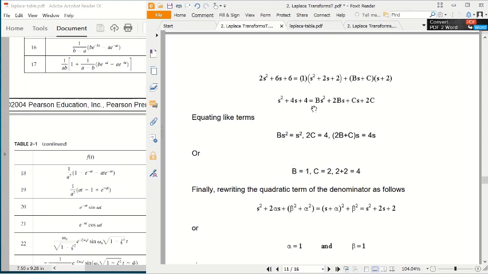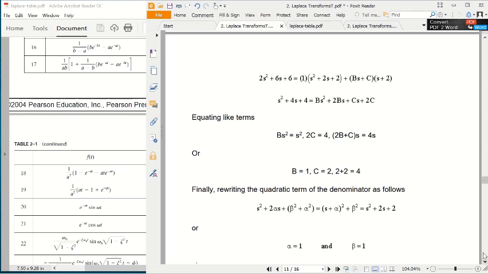And similarly for the term that is independent of s, here you have 2C, here you have 4. So 2C equal to 4, then C equal to 2. Basically, the last equation is just to double check, to make sure that you get the correct value, then your calculation is correct.